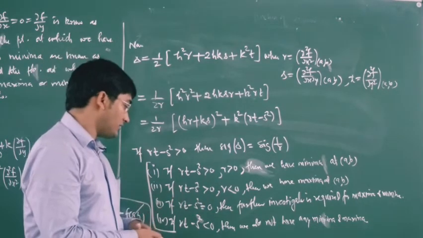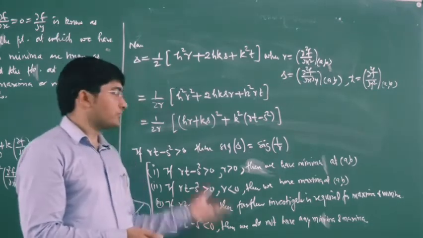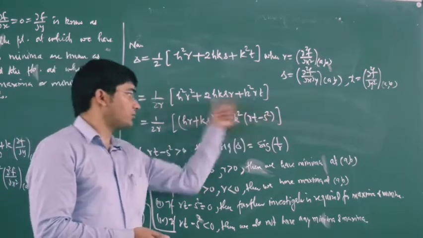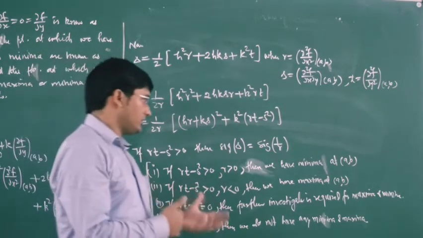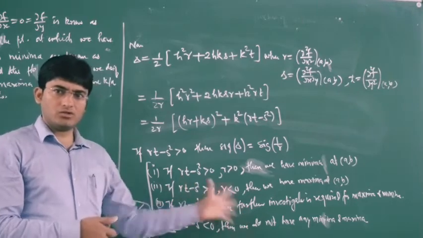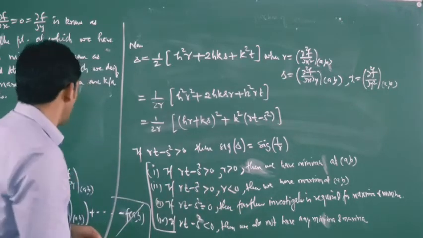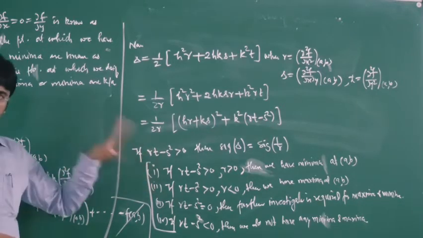And again, if rt minus s square is less than 0, then the sign of delta depends on this bracket, which can be either positive or negative. So we don't have a conclusion, so we will say that there is no maximum or minimum at (a, b).